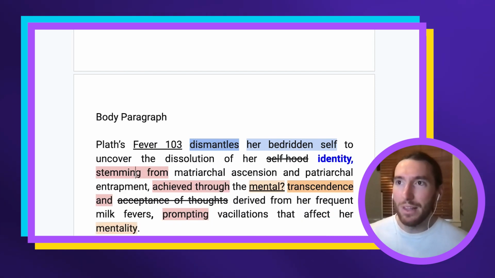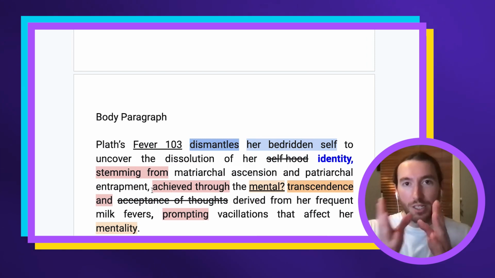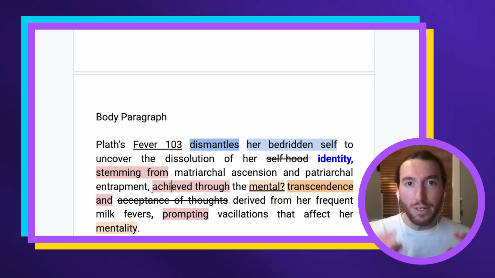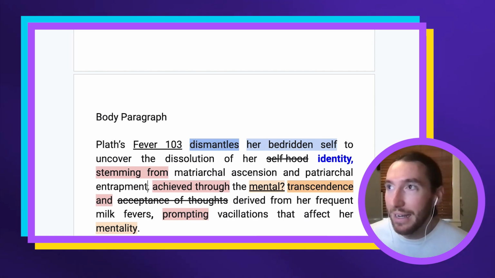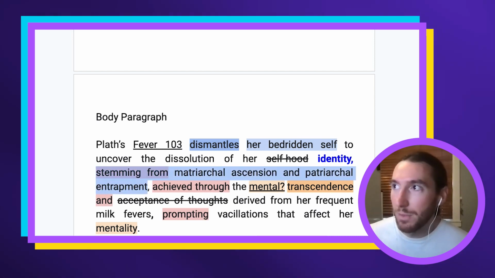And you can see here that I've highlighted this part because if you look ahead at this sentence, and this is all the topic sentence, it's very clunky because there are a lot of clauses. A clause is just a section of a text separated by some kind of punctuation, like a comma or a semicolon. But see here, this is a clause because it's between this comma and this comma.